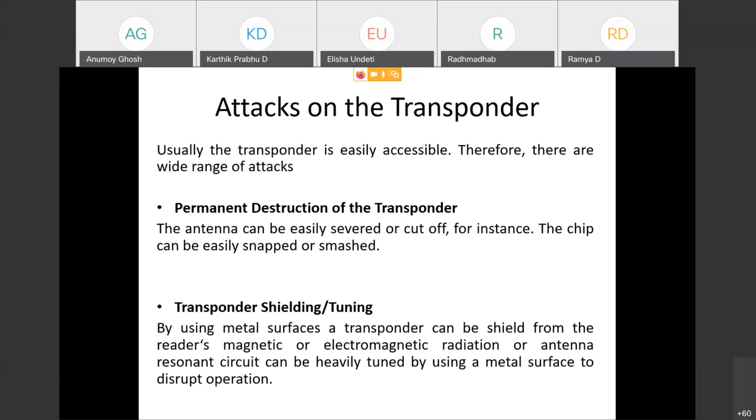Now, to combat these kinds of attacks, what happens? There is a connector in the semiconductor chip, so that whenever there is some tampering in the antenna, the chip will send out an omnidirectional signal that tampering has been done. This is because the chip is designed to work on 2.45 gigahertz.